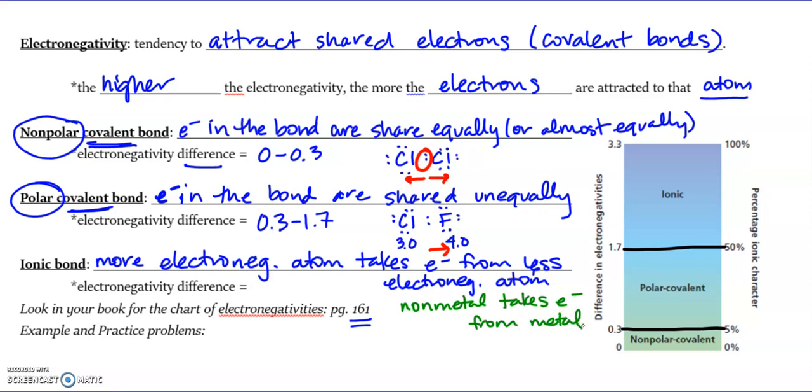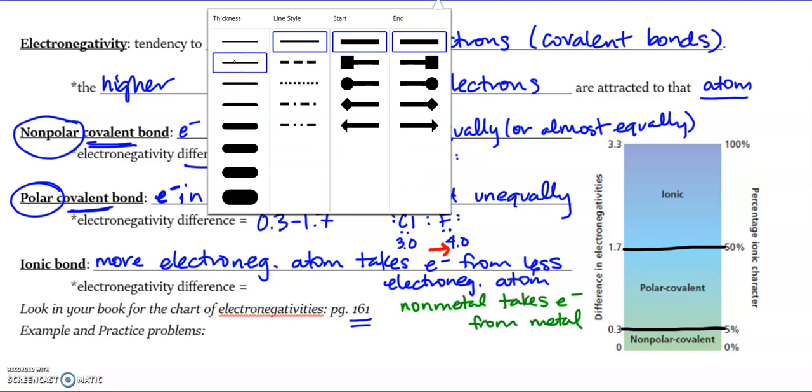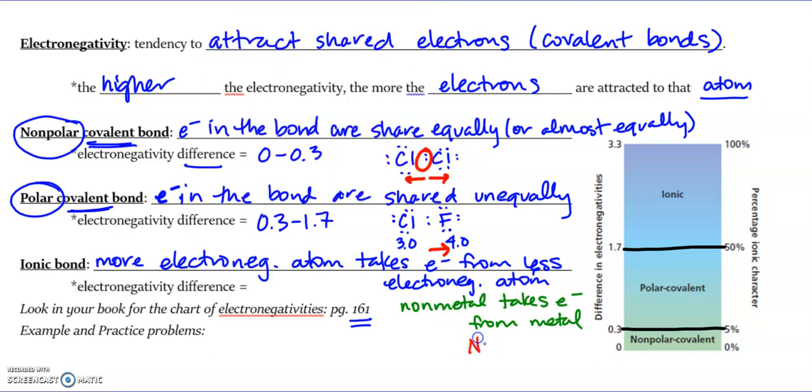The nonmetal has higher electronegativity, higher electron affinity. So let's say you have NaBr, you have sodium and you have bromine. Bromine has 7, sodium has 1. What happens is sodium loses its electron to bromine. Bromine basically takes it away, which means bromine has a negative charge. Sodium has a positive charge. And when you have things that are positive and negative, they are attracted to each other. If you subtract their electronegativities, this is anything above 1.7 and up.